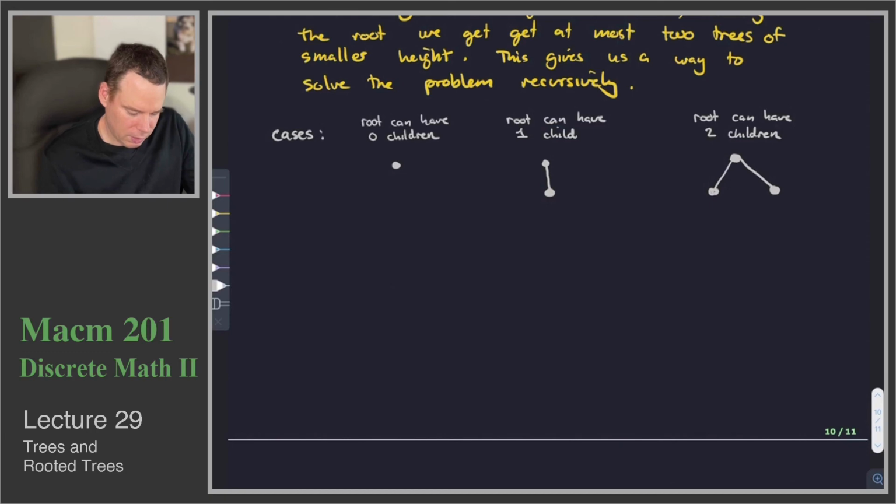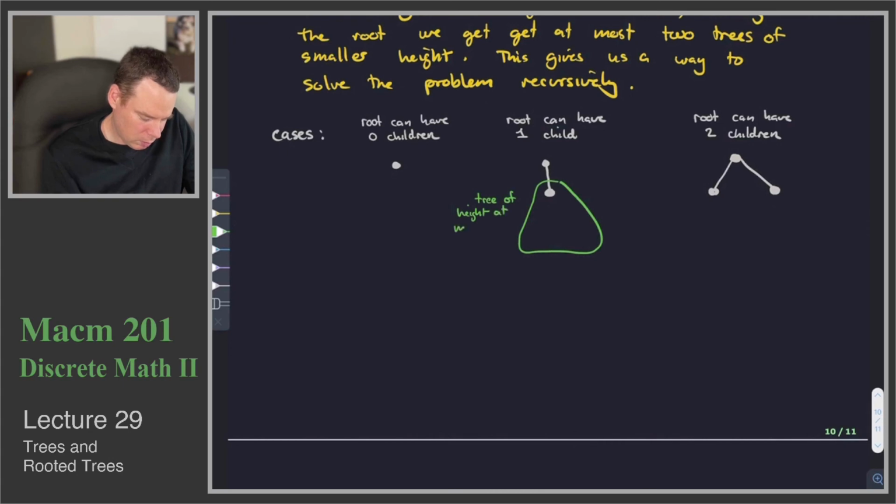And now in each of these cases, we need to figure out how many possible trees there are. Well, in the case our root has no children, there's just that one tree. It's the isolated vertex. But what if there's one child? Well then, what's hanging off that one child is now a tree of height at most n minus 1.